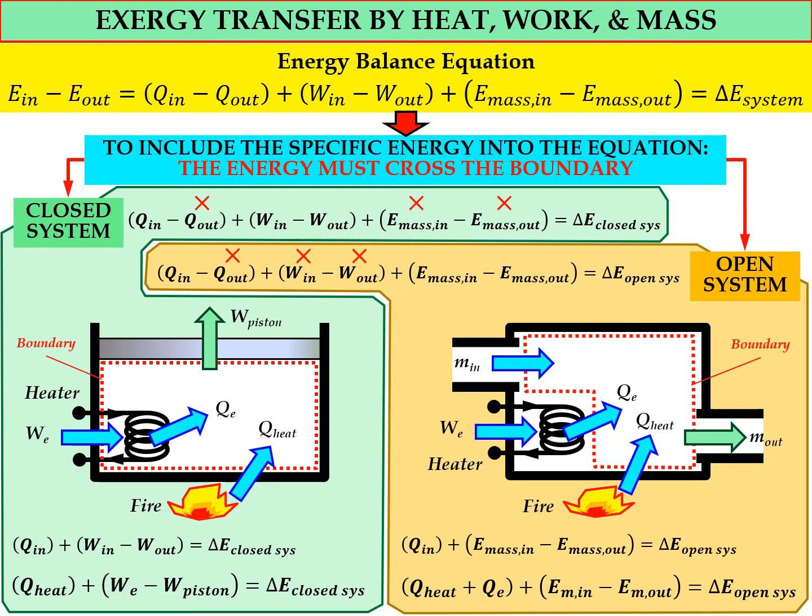By replacing the terms, we get Q heat plus QE plus E mass in minus E mass out. So this is the energy balance equation for the open system. You need to understand these two equations and please look into them carefully, because the same fundamental equation will be used in the exergy analysis.